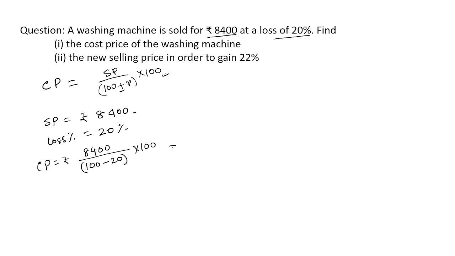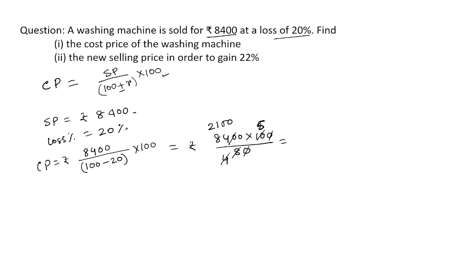So let me solve this. 8400 into 100 divided by 80. The 0 gets cancelled, and there is 4, 5 and there is a 4. Let me divide by 4. So it is 2100.